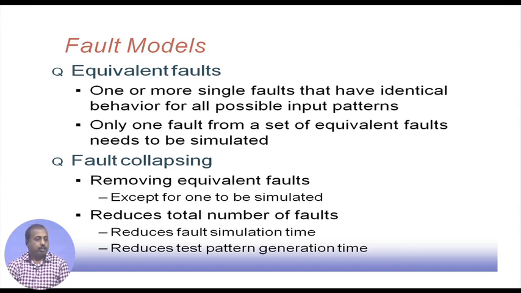Now, there are some faults which are equivalent, that is, one or more single faults that have identical behavior for all possible input patterns. In some cases it is not possible to distinguish such faults.